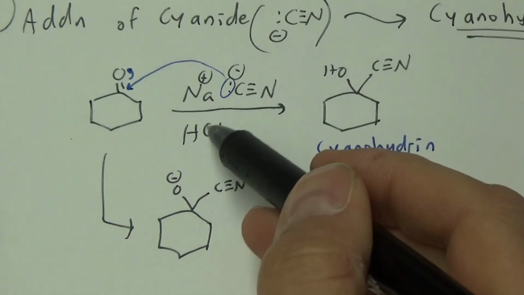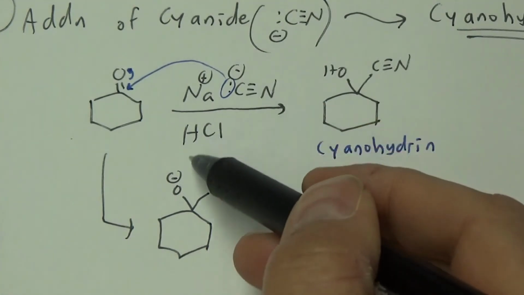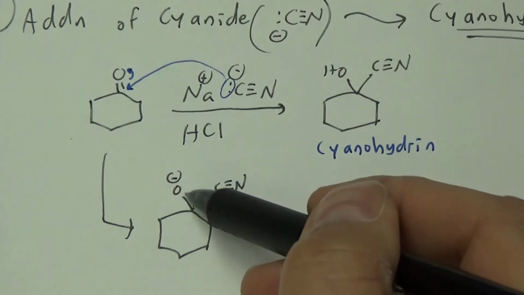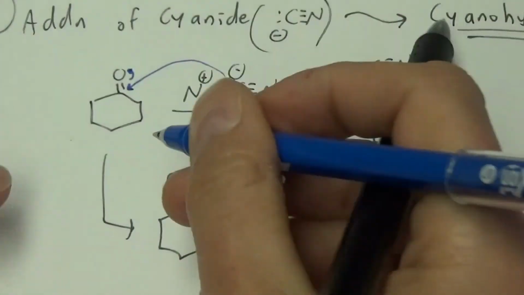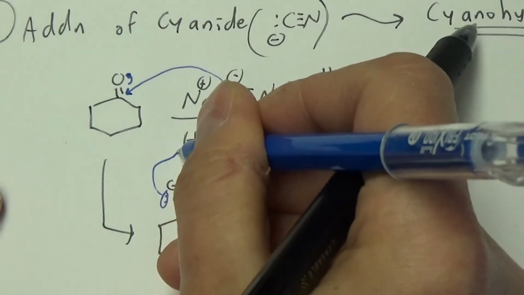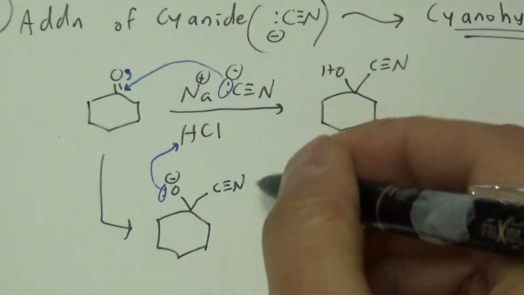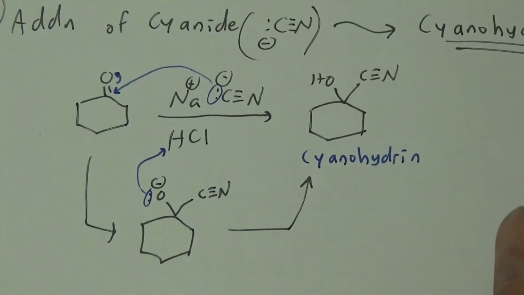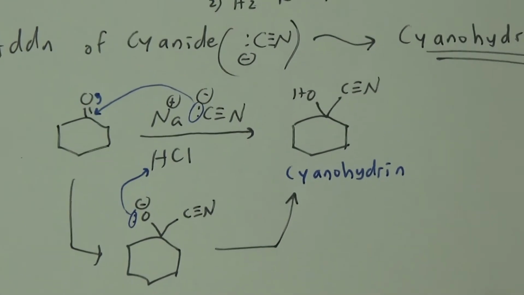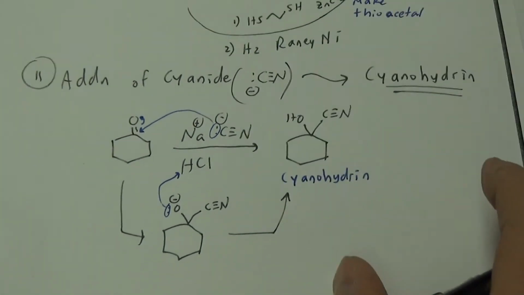Well, in this case, you just have HCl present. So where is this O minus going to get its proton from? Well, we have acid around, so it just takes one. So I'm sure you're relieved to have an extremely simple mechanism, and there is the extremely simple mechanism of this chapter to make a cyanohydrin.